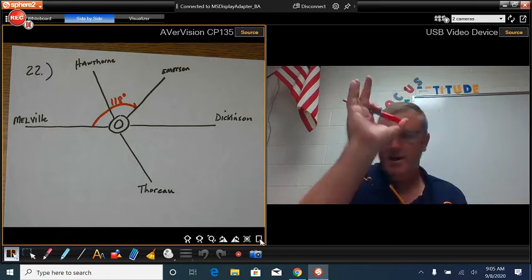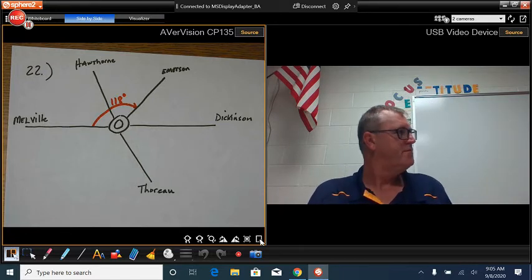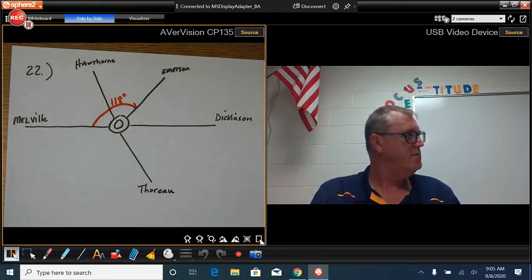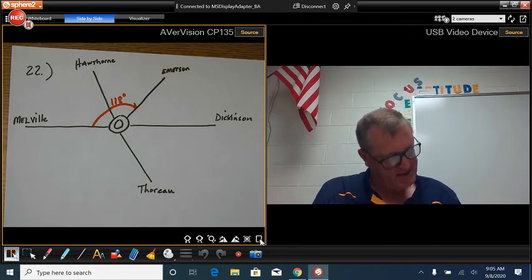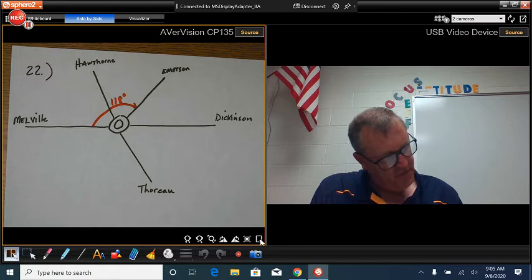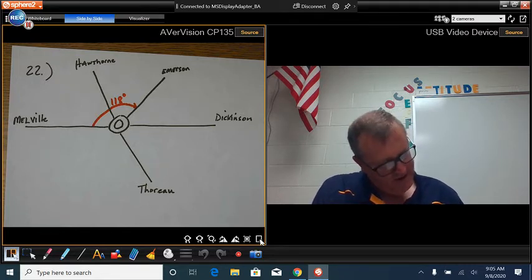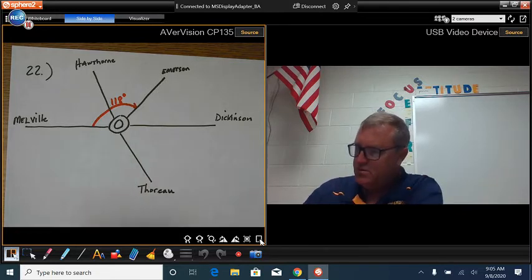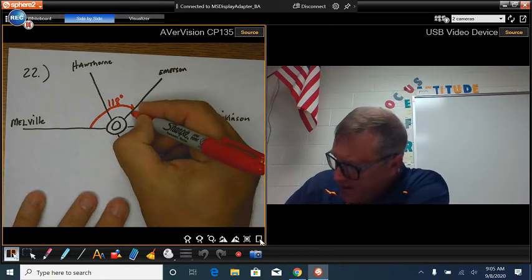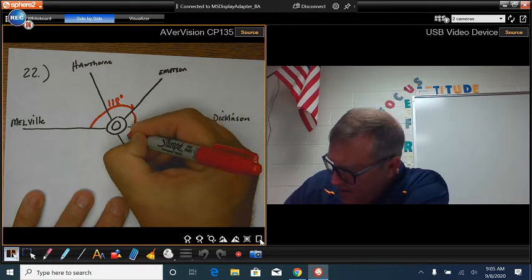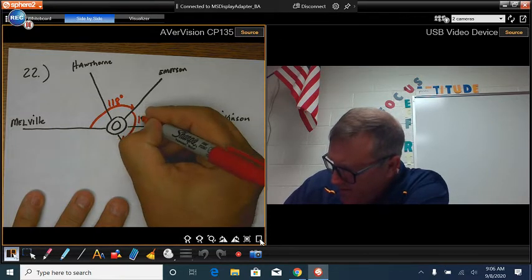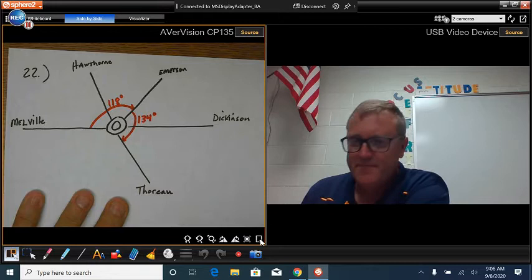Okay, notice I skipped right over Hawthorne. So you got to be able to visualize that. And then it says the measure of the angle formed by Emerson and Thoreau is 134. So from here to there is 134 degrees.